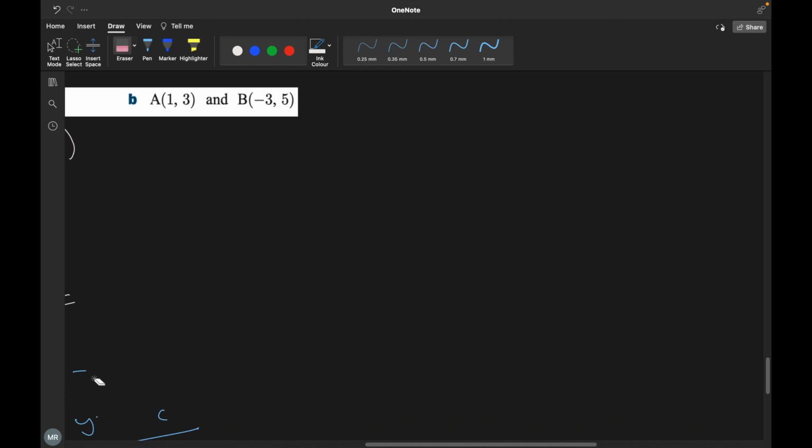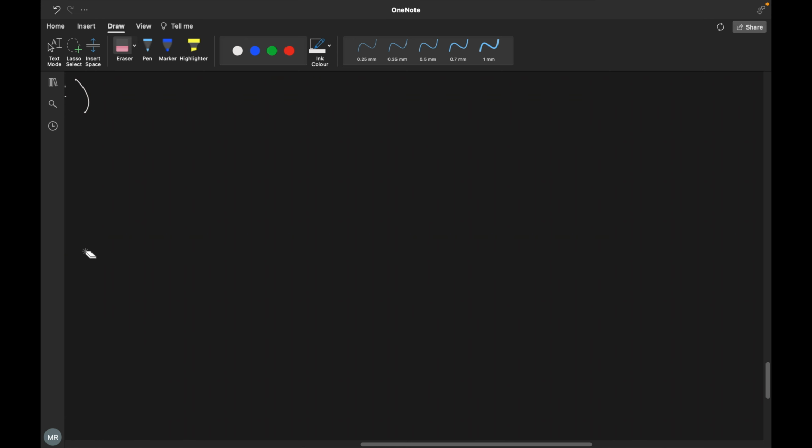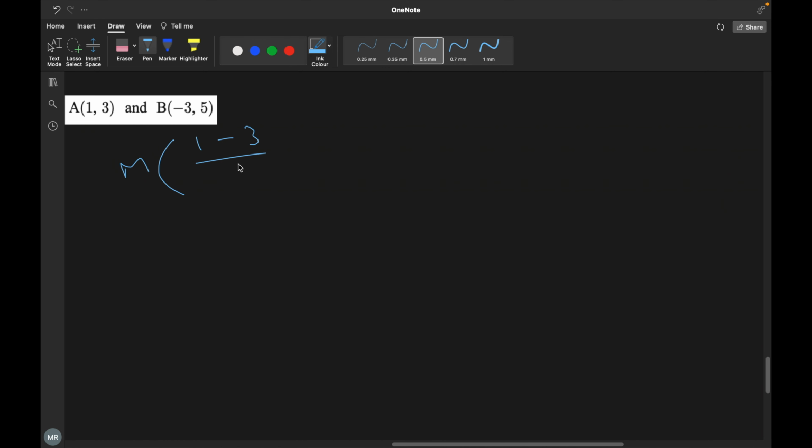Okay, so now let's find the midpoint. The midpoint of this would be the following: (1 minus 3) divided by 2, comma, (3 plus 5) divided by 2. So M is negative 2 divided by 2, which is negative 1, and 8 divided by 2 is 4. So our midpoint is this. Now let's work out the gradient.